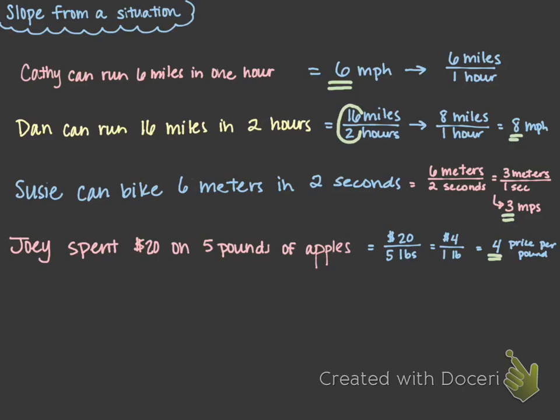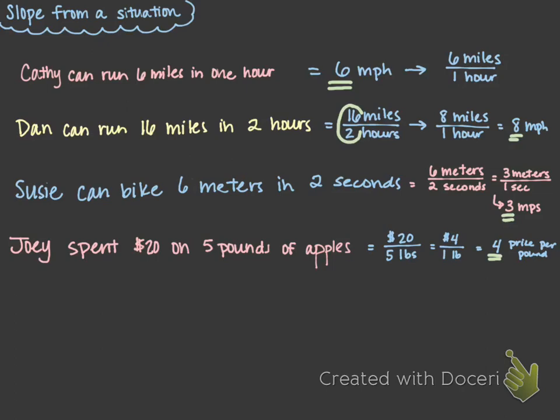So we're really just trying to figure out how many miles in 1 hour, or meters in 1 second, or dollars per 1 pound. And that is going to be our growth. That's going to be our slope. And if we can, we're going to try to simplify that as much as possible in order to find our slope. So this means, for example, I can say Kathy can run 6 miles in 1 hour, but if I double both of those, she can run 12 miles in 2 hours.